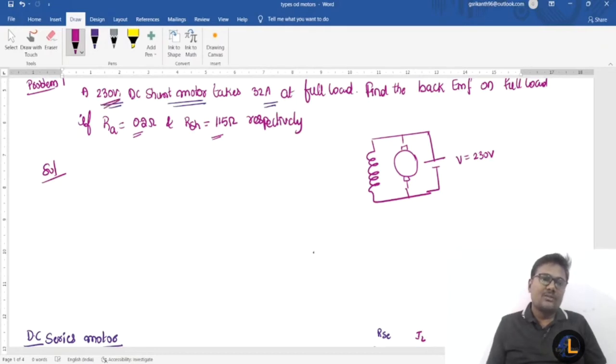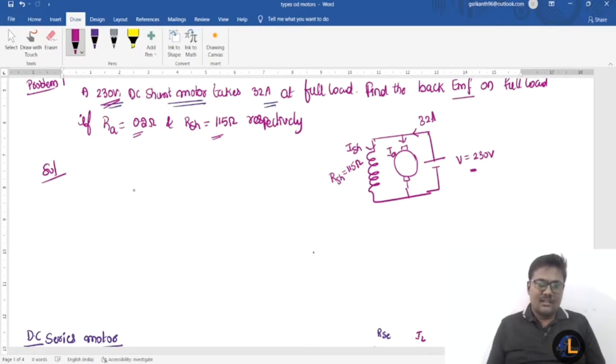That's why this 230 volts is our supply voltage. It takes 32 amperes at full load. Find the back EMF EB if RA is equal to 0.2 ohms and RSH is 115 ohms. The current flowing through the shunt field winding is ISH, and the current drawn from the supply is IL.